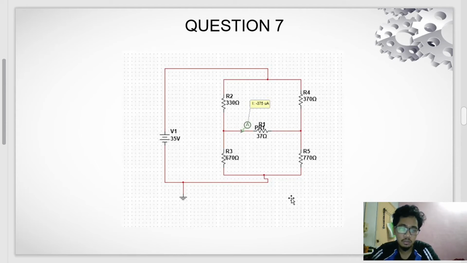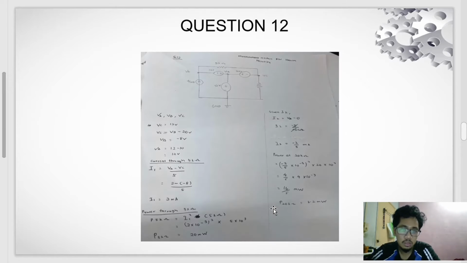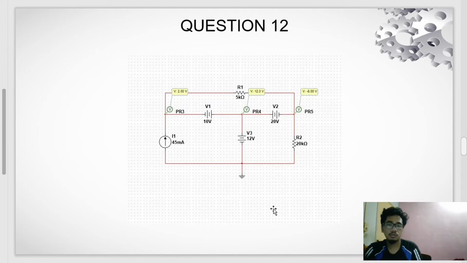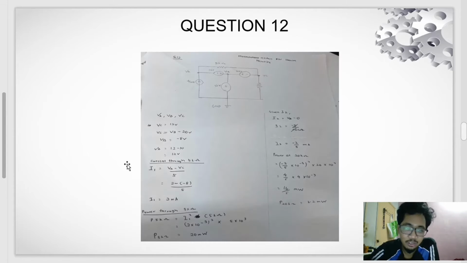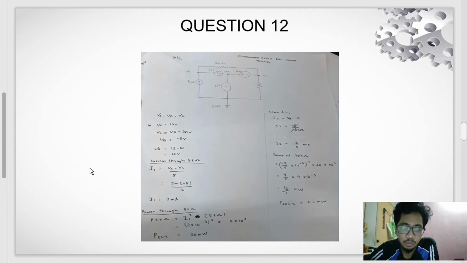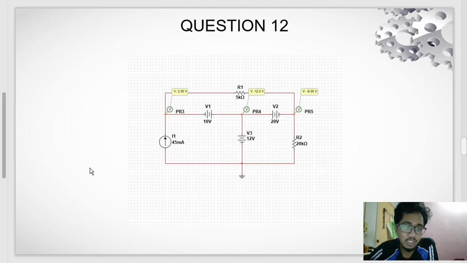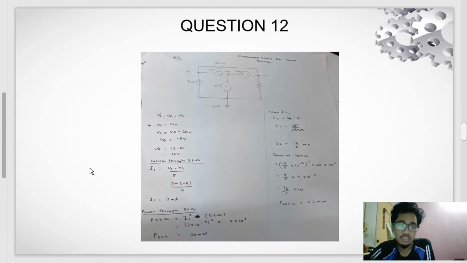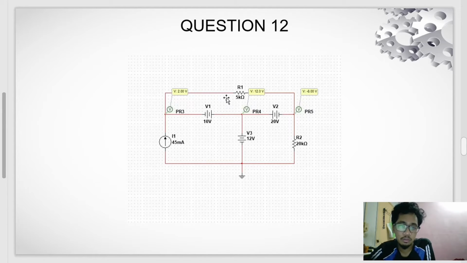In question 7, the simulation is the same as the one I made using Multisim. For question 12, I forgot to include the power for the 5 kilo ohm and 20 kilo ohm, because my Multisim evaluation date has ended.